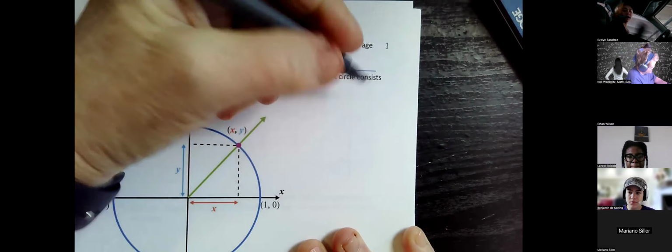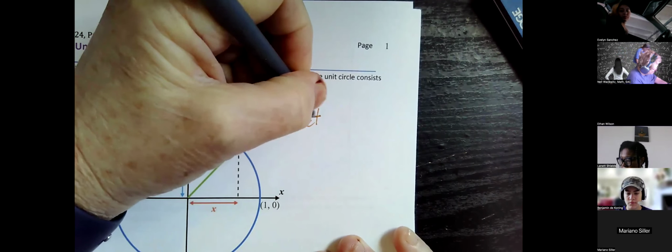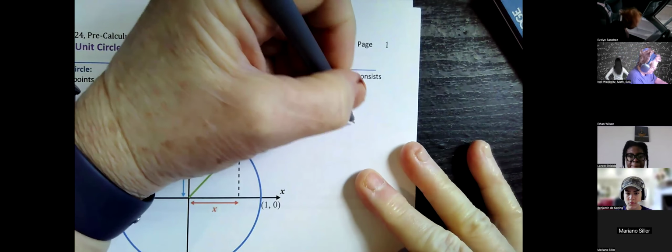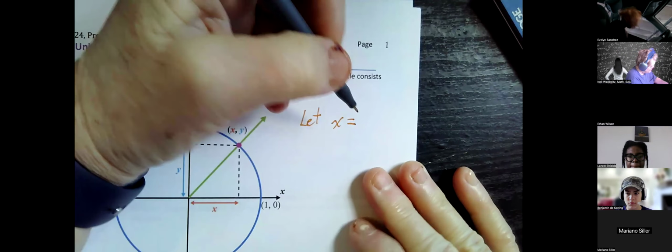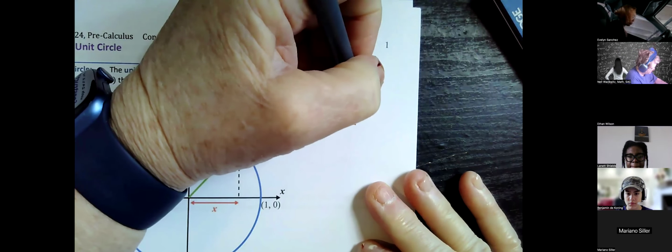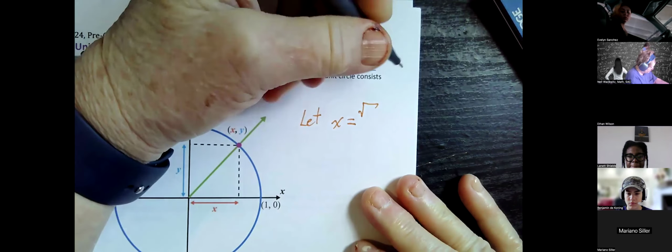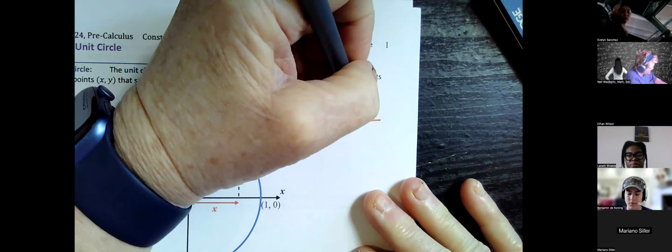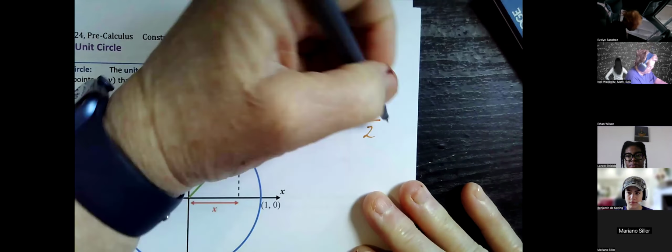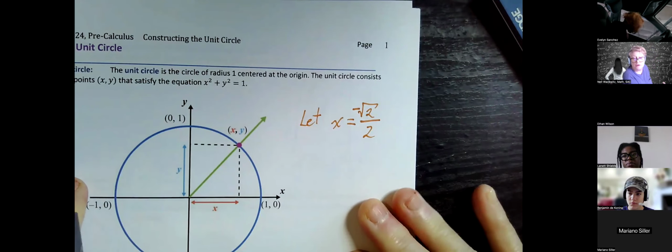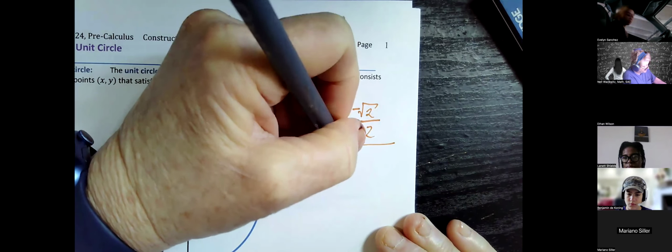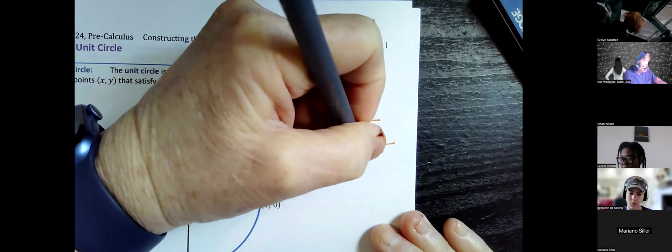Let x equal negative square root of 2 over 2, and we want to find the possible y values.